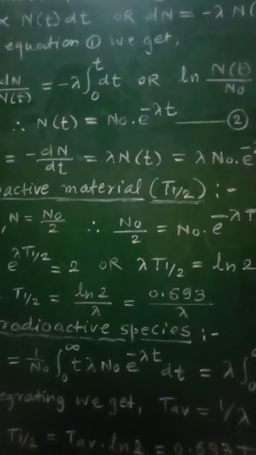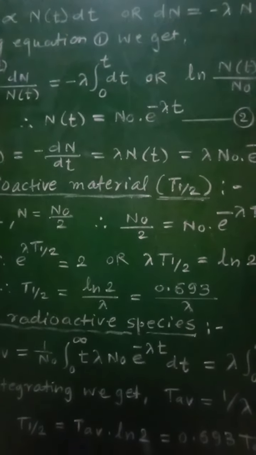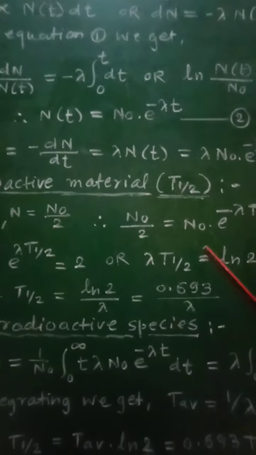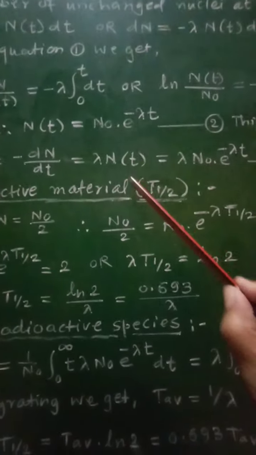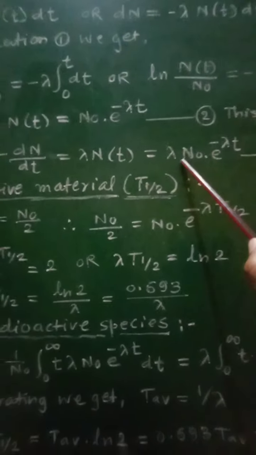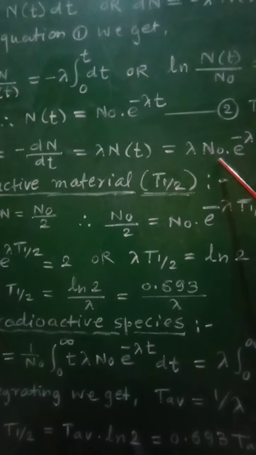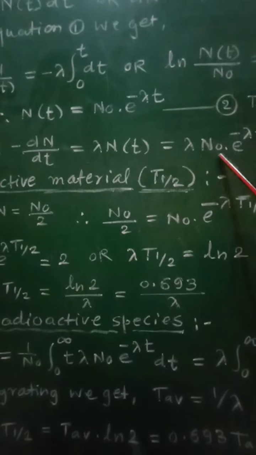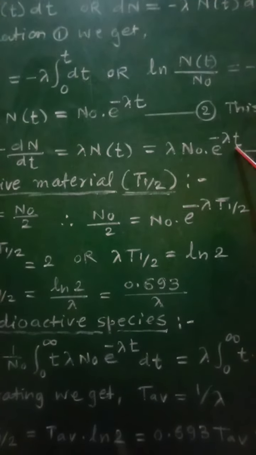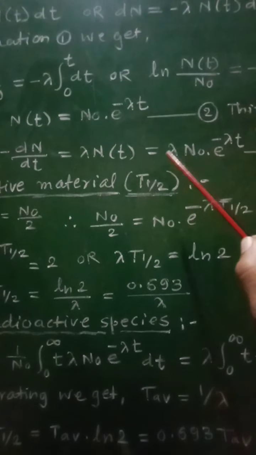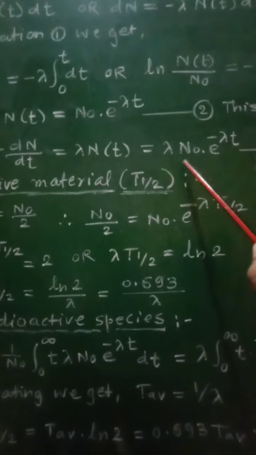Now if you consider this activity, then at t equal to 0, the activity A0 will be equal to lambda into N0.